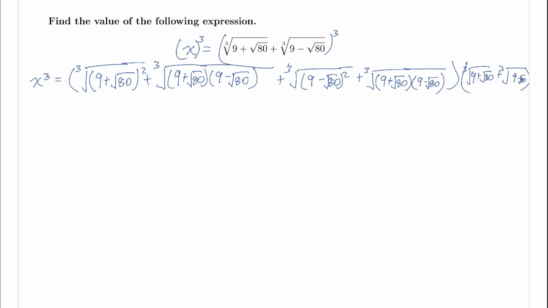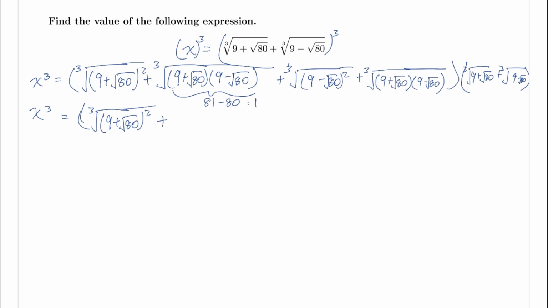All right, now let's simplify this a bit before we finish it up. So x cubed equals the cube root of 9 plus root 80, squared, plus, and we can see here that this part is 81 minus 80, which is just 1.